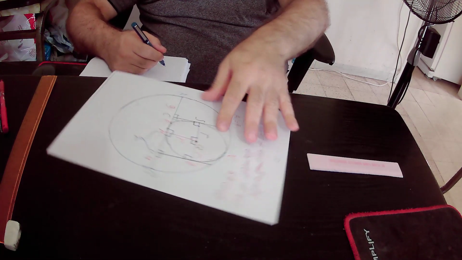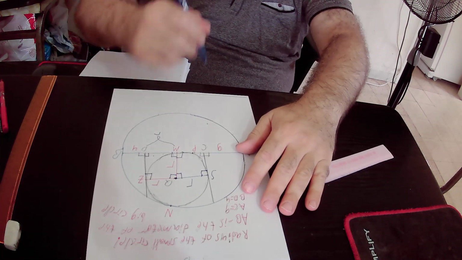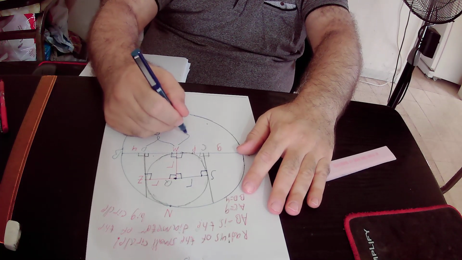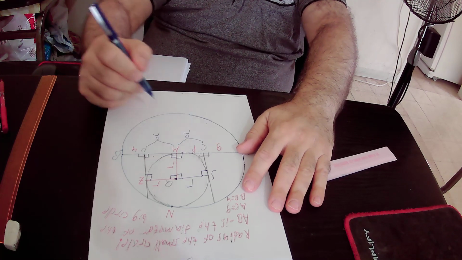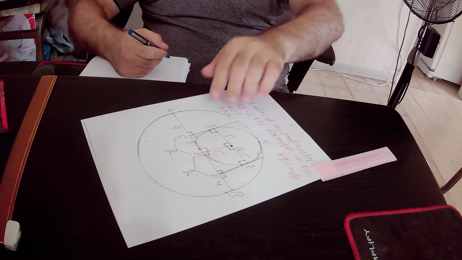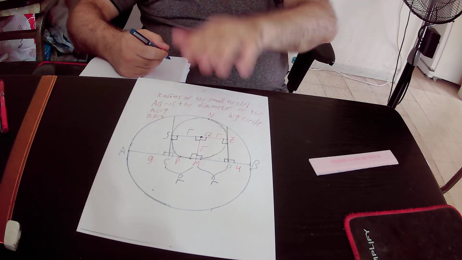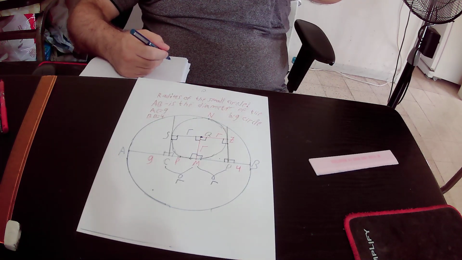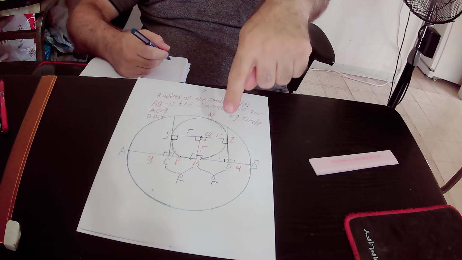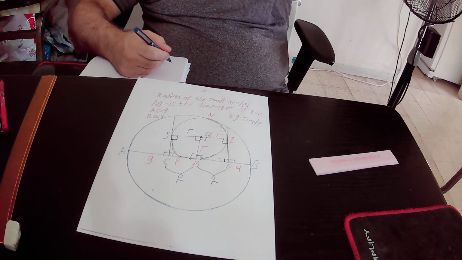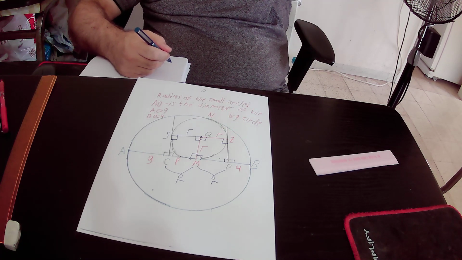So I write here that CM equals to the radius of the small circle. So CM and MP equal to R.